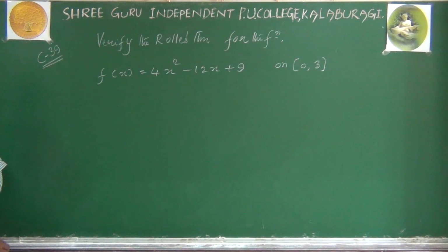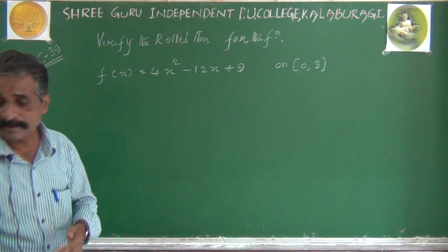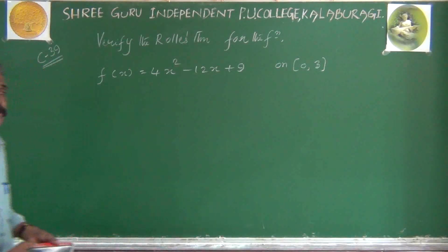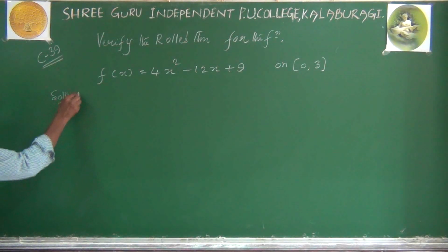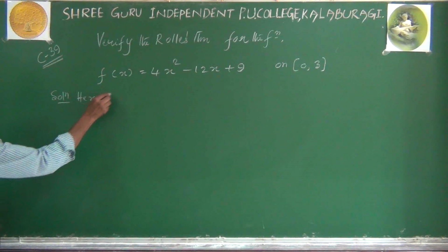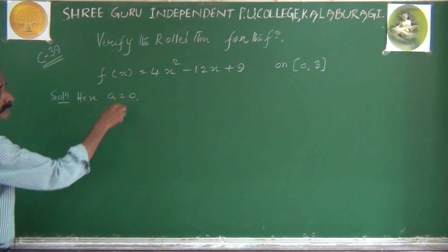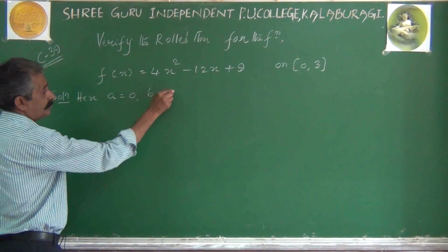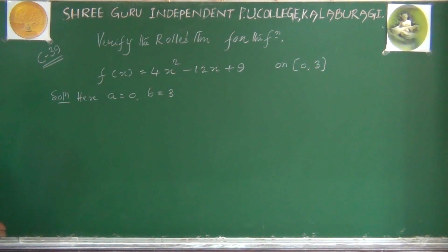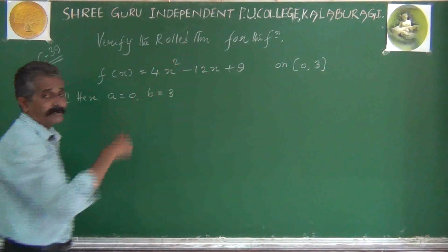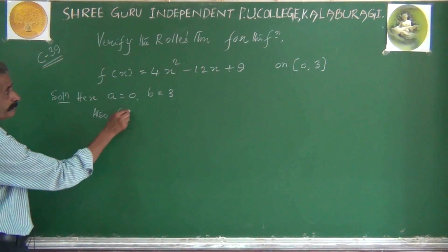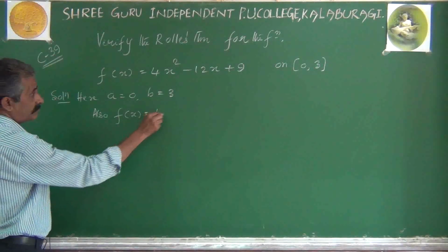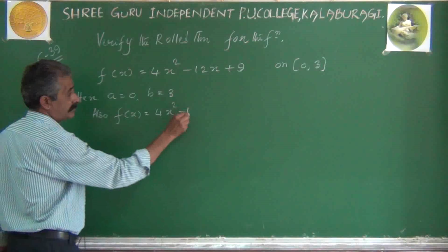In yesterday's class we had detailed knowledge about this kind of problems. Recall that memory and we start the problem solution. In this problem, from the interval we find a equals 0, b equals 3, and f of x equals 4x square minus 12x plus 9.